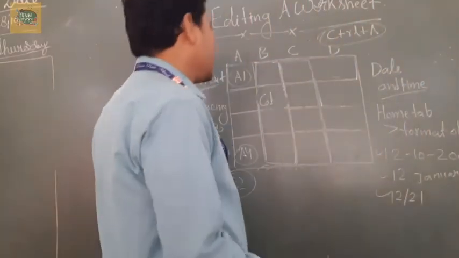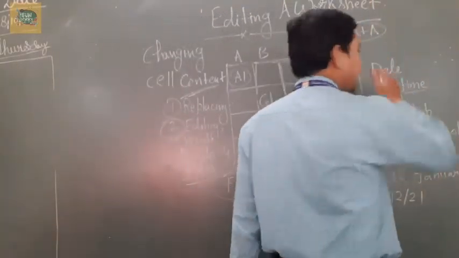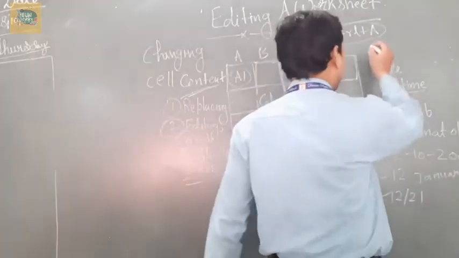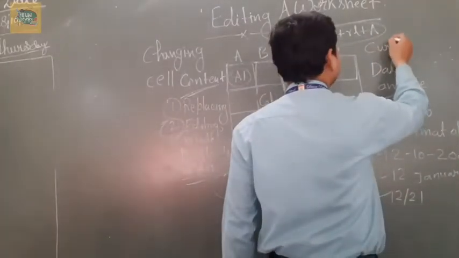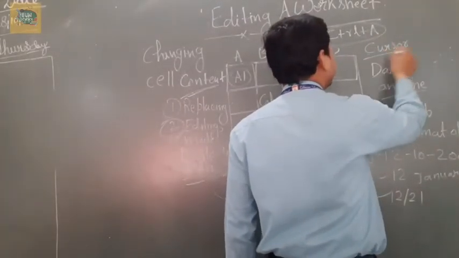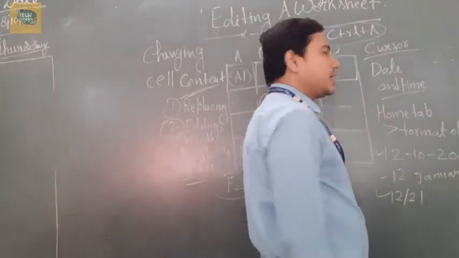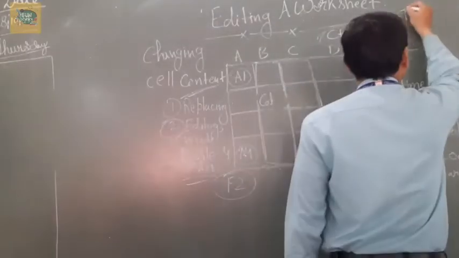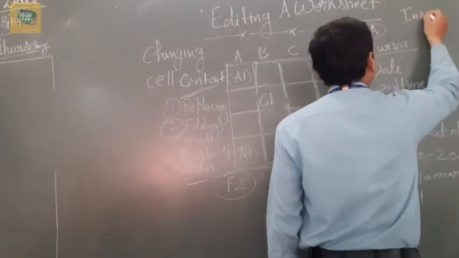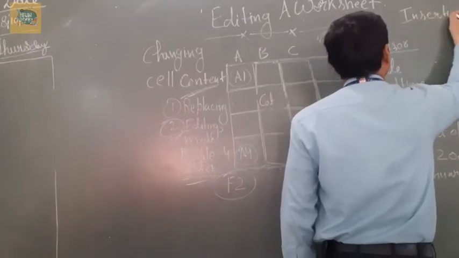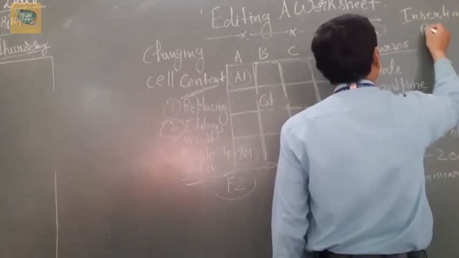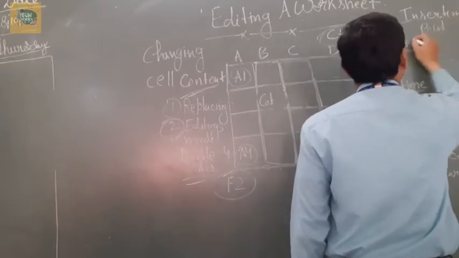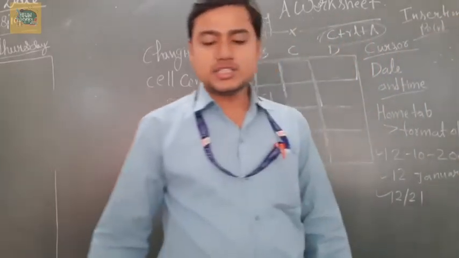Now, one thing you have to know: the cursor blinking in the cell is also known as the insertion point.